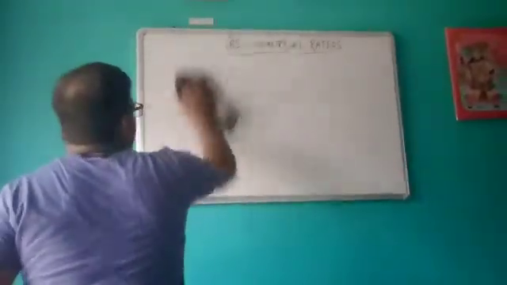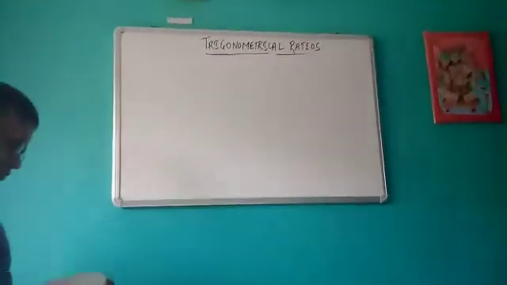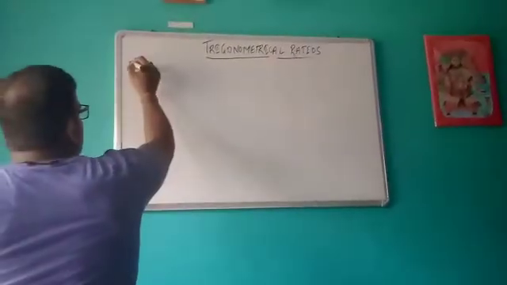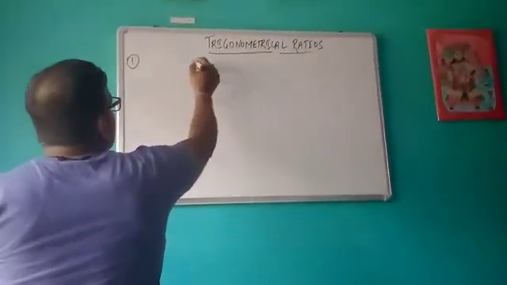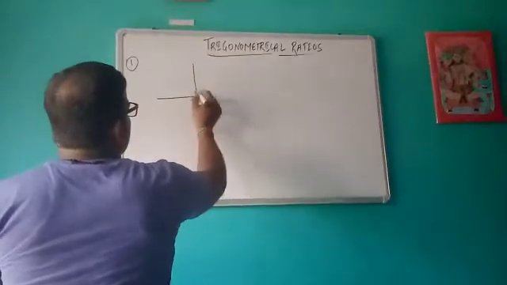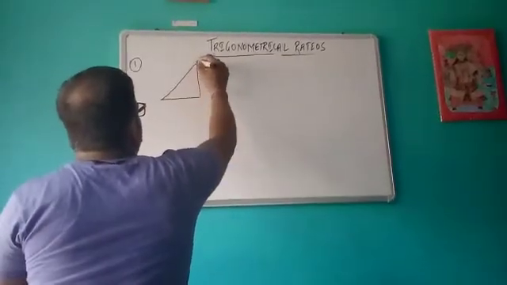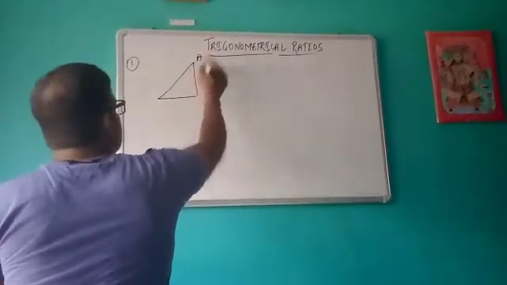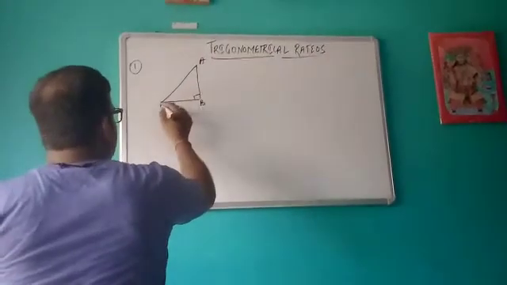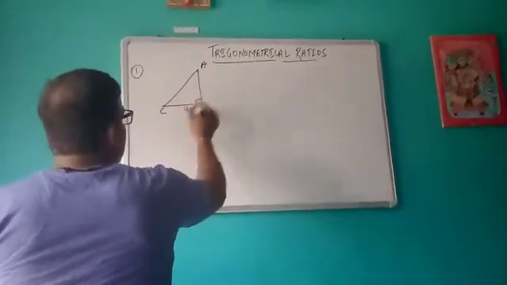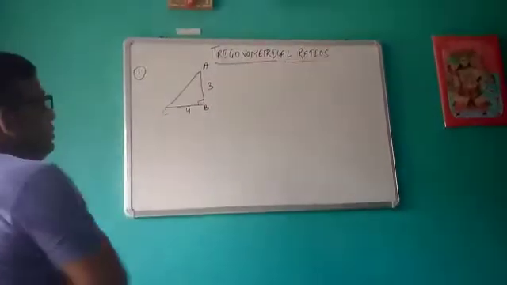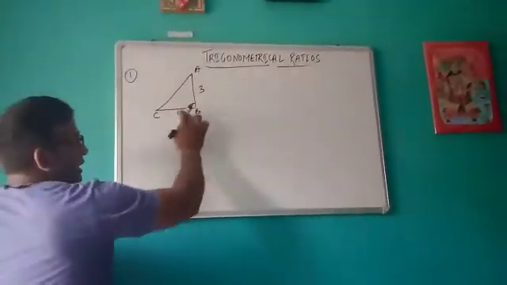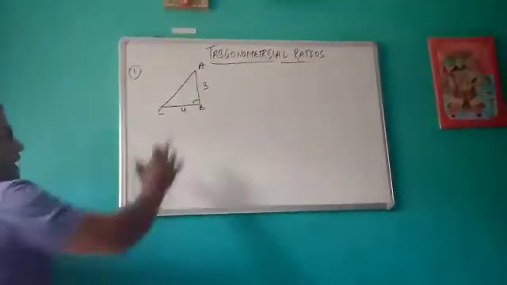Now let's discuss a few questions for this topic, and we will keep in mind the Pythagoras theorem as well. Very first type: suppose a figure is given. In figure questions, the first step always is to find the remaining side. In this question, AB is given and BC is given. So which side is not given?